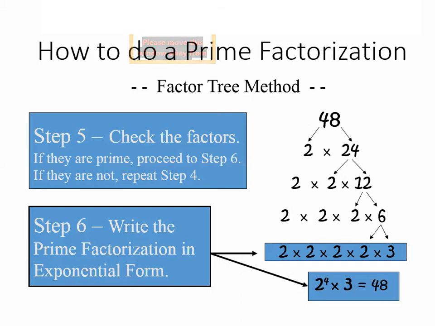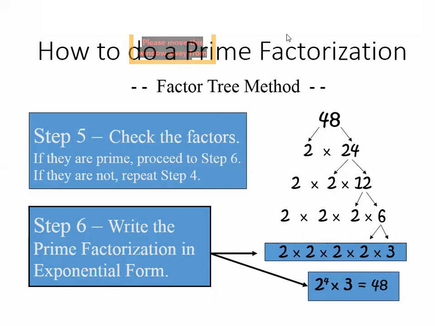The method is that whenever we are putting the exponent, first we have to count the factors that we have. We have 2, 1, 2, 3, 4, and these all are the same. So we have 2 exponent 4. 2 exponent 4 means 2 multiplied how many times? 2 multiplied 4 times, and then we have the product, which is 48.